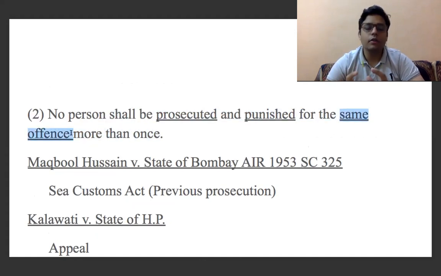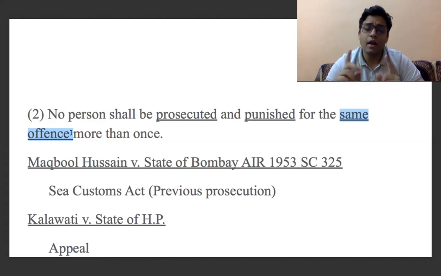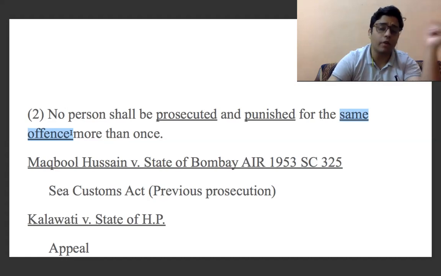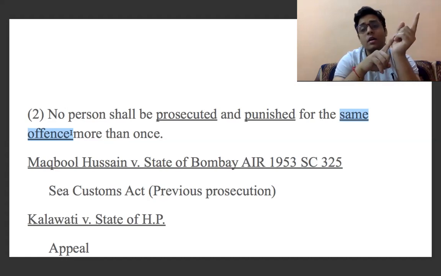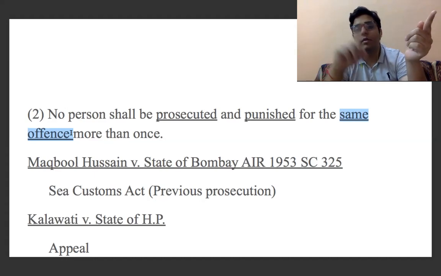It doesn't say that no person shall be prosecuted and punished for the same act more than once. It says for the same offense more than once. So what it means is that the same act may amount to more than one offense, and if he is prosecuted for that one offense, it does not debar the state from prosecuting him for the other offense, because it will not be the same offense, it will be the other offense.